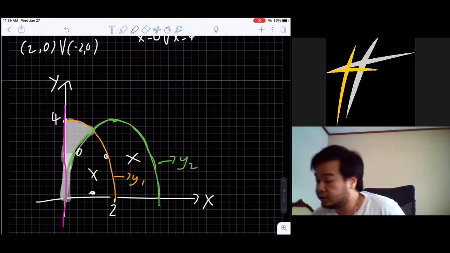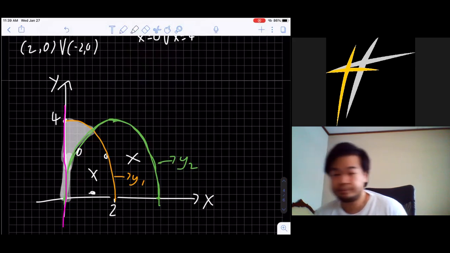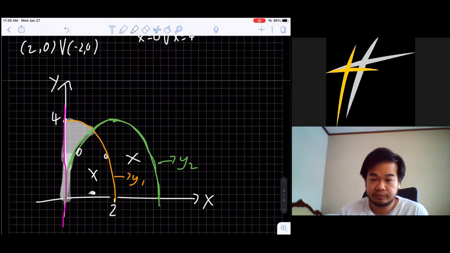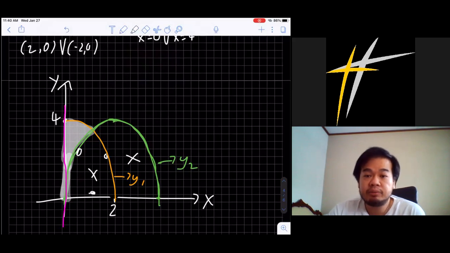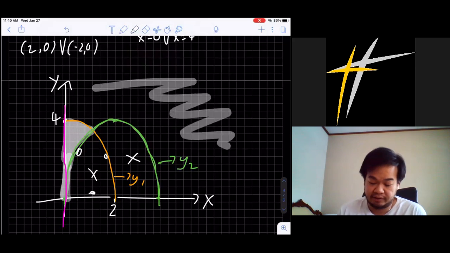If you want to see it clearer, you can look at your book, page 235. And by the way, to determine the region whose area we want to find, it must be a closed area. It cannot be an open area like in this area, so it's not possible.